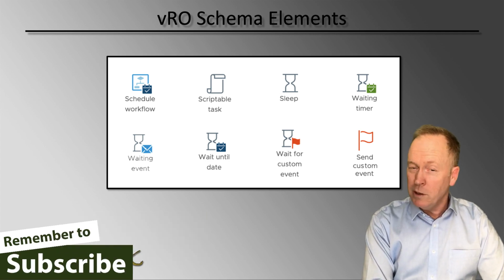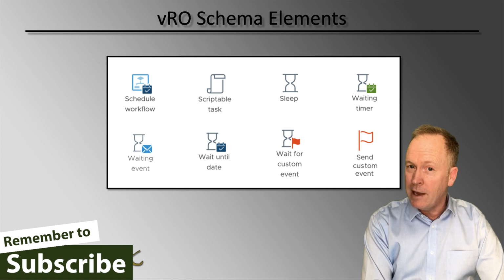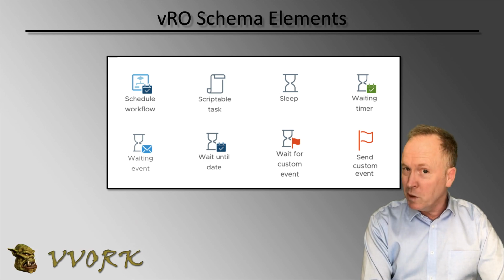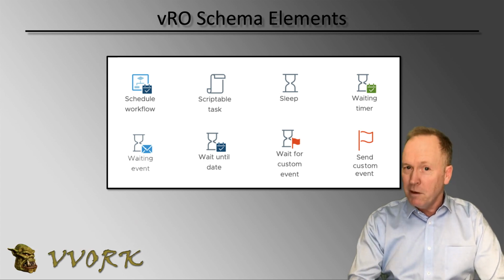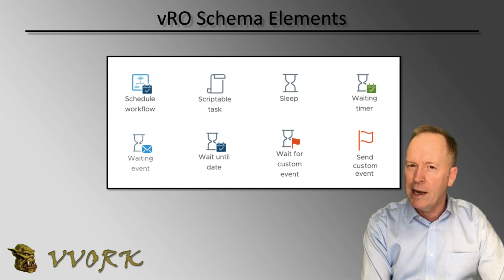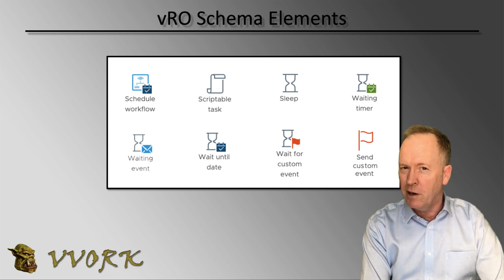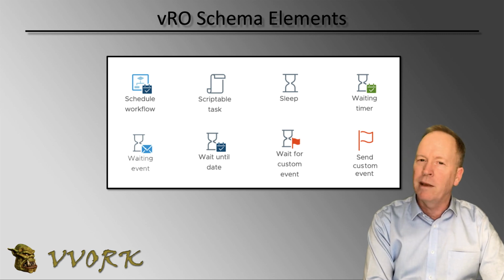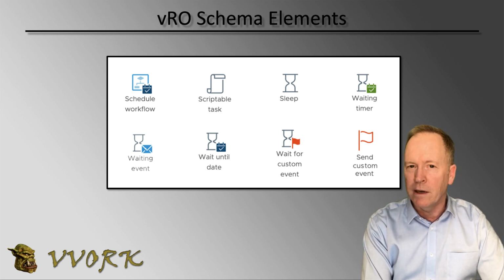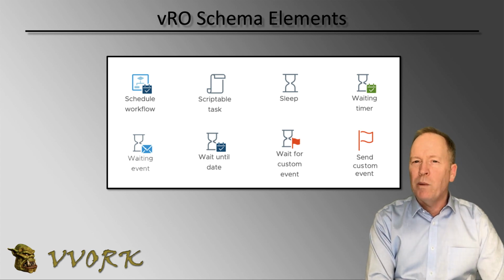Now, if you're still using vRealize Orchestrator 7 and still using the Java-based client, this video series is still applicable to you. The icons will look slightly different, and the user interface is a little bit different, but you should be able to take all the concepts that we're talking about in this video and the next 7 or so and apply them equally to VRO7.